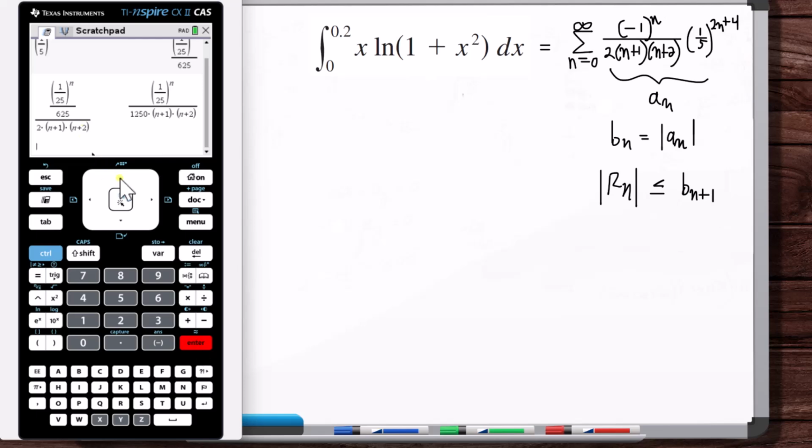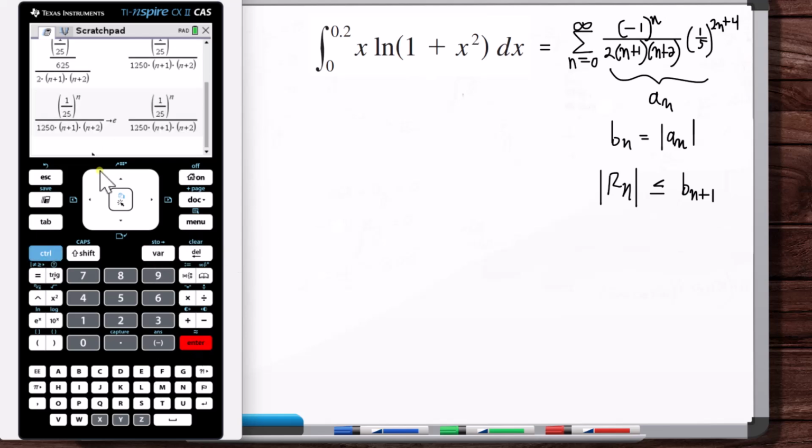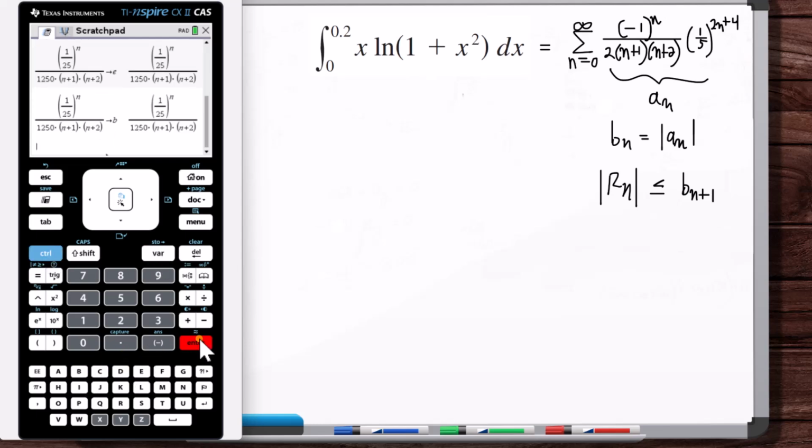There's the b sub n, which is all we're concerned about. Store that as b, because we're going to actually make the a sub n. So store that as b.